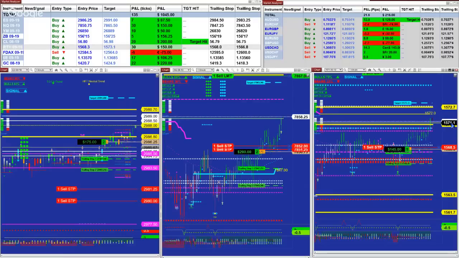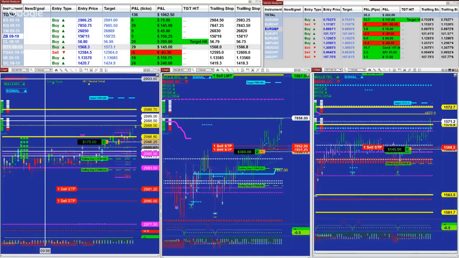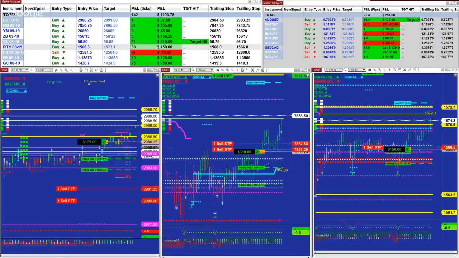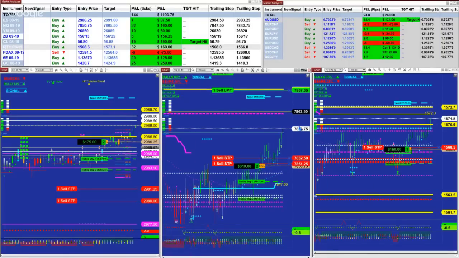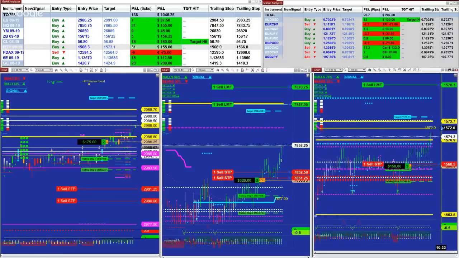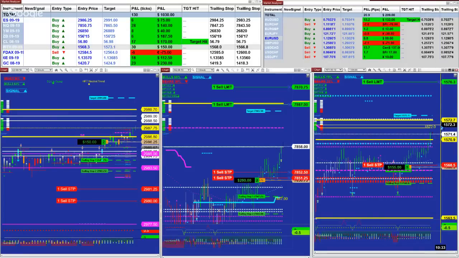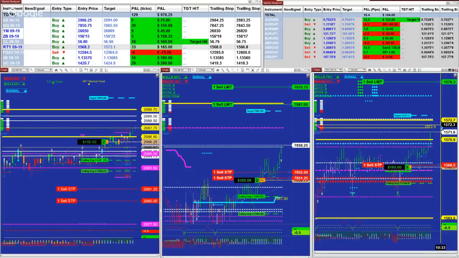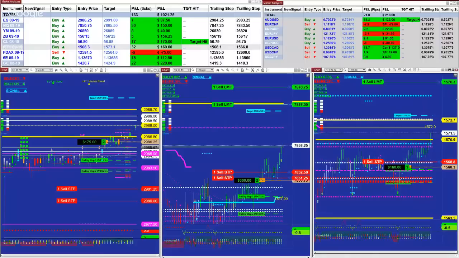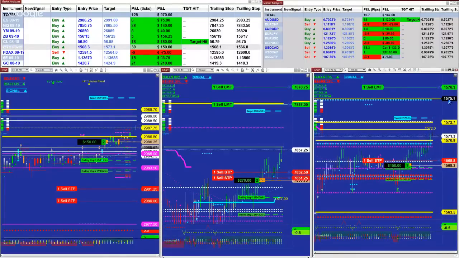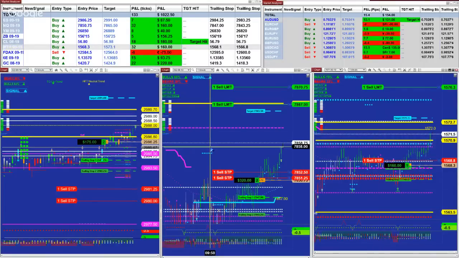There we go. Once we break that area, we are about to break that area.